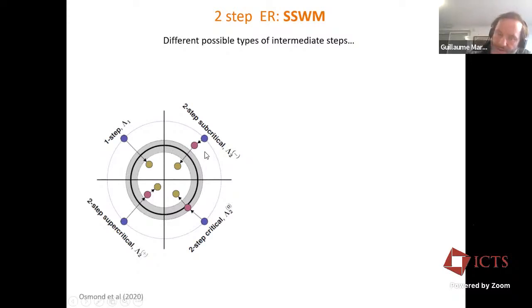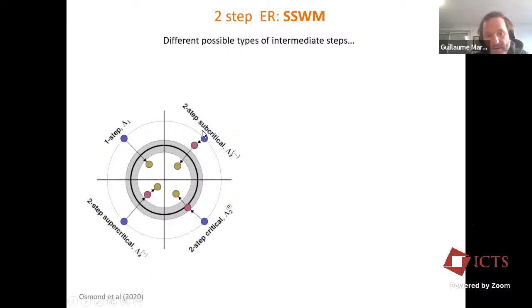Whenever you're outside of the black circle, you're subcritical, meaning that you're decaying. Your growth rate is negative. When you're inside the white area here, you are supercritical, you're growing. And when you're in the gray area, it's the critical zone. Basically, you're neither growing nor decaying. You're in between the 2 situations. So the 1-step rescue is starting from the wild type, boom, you jump inside the growing, supercritical area.